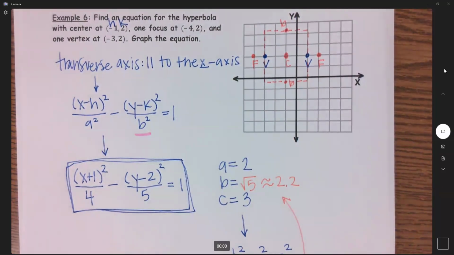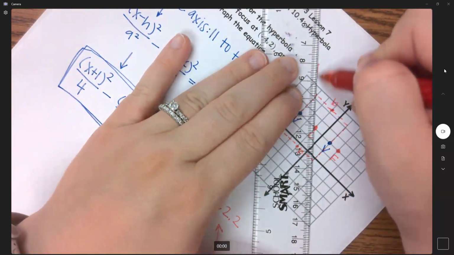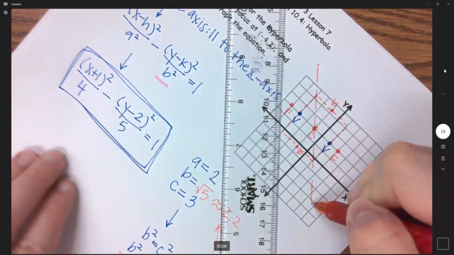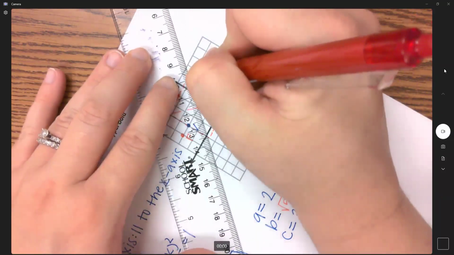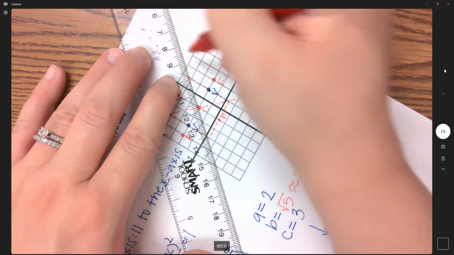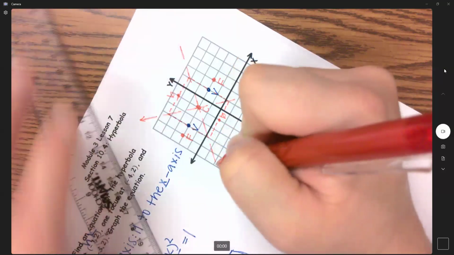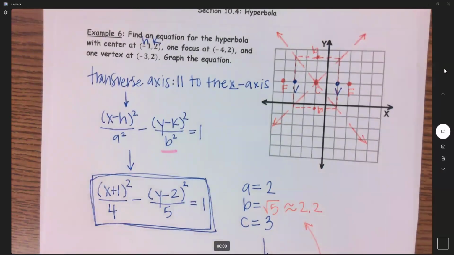We have a little box. And we'll go corner to corner through the center. And go the opposite direction. Okay, there's my 2 asymptotes.